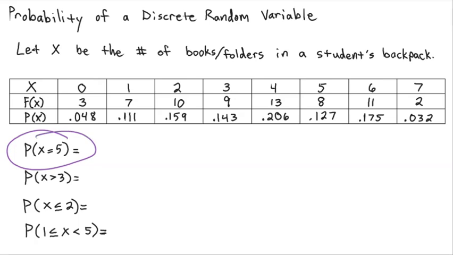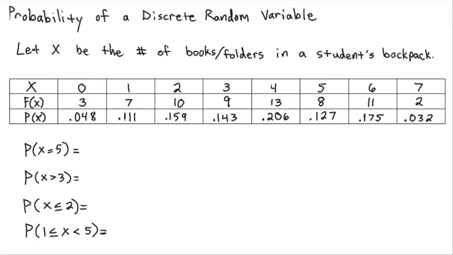And so this probability that x is equal to 5 is basically saying if we encounter any student, now in research we'd like to say the students that we selected, that we observed. But really we're trying to draw conclusions about the students that we didn't observe. There's no use in using statistics just to understand what we have observed. We want to draw conclusions about things that we haven't observed.